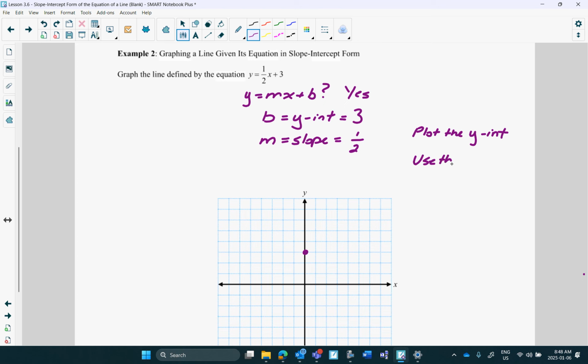Use the slope to count out a second point.